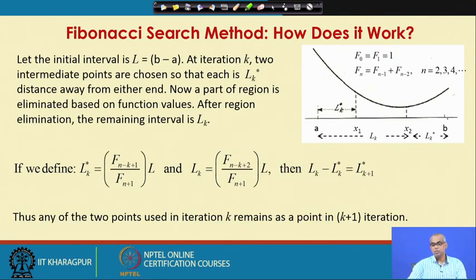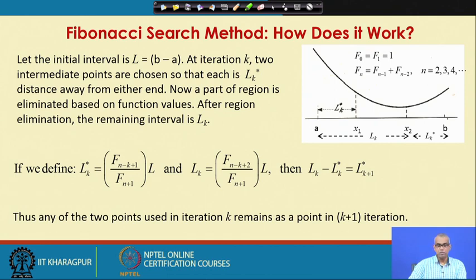Let us now explain with the help of this diagram. Let the initial interval be b minus a. We have assumed the minimum is bracketed between a and b.